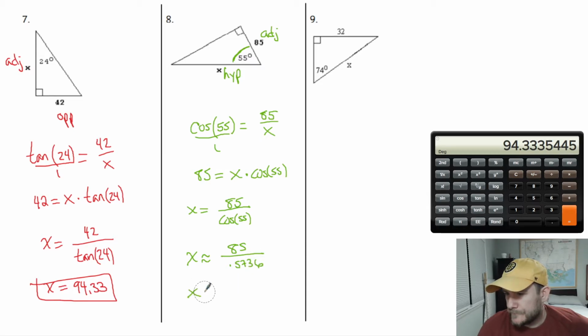So now to get your final answer in decimals, we're going to type 85 divided by 0.5736. And I'm getting 148.19.